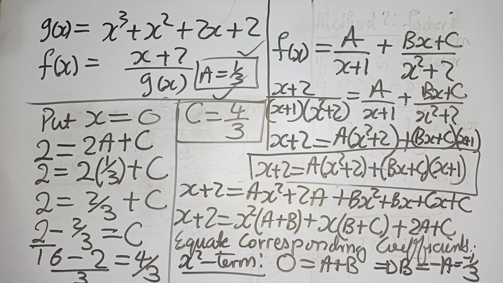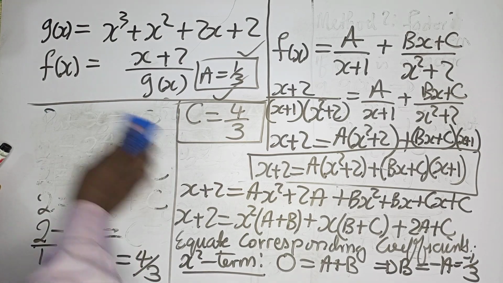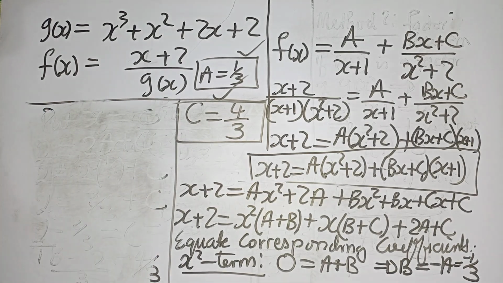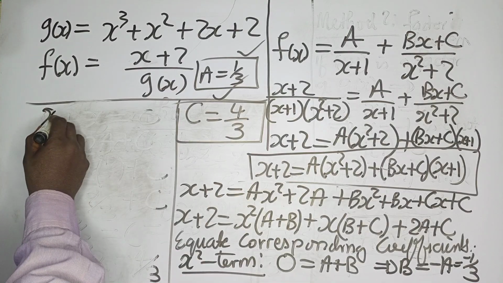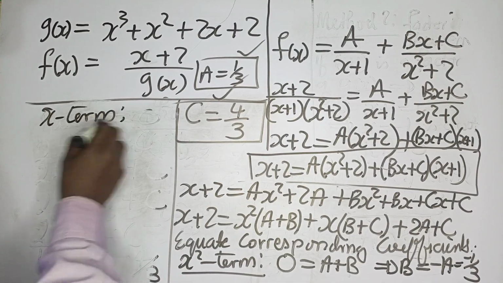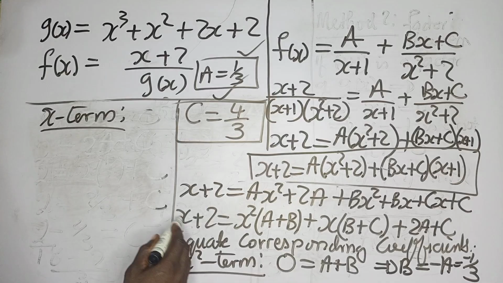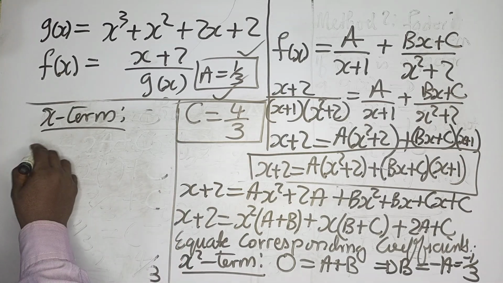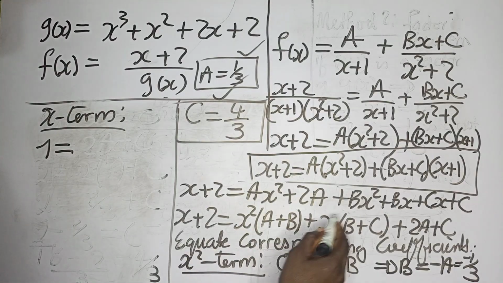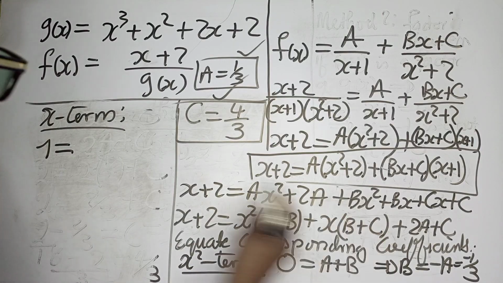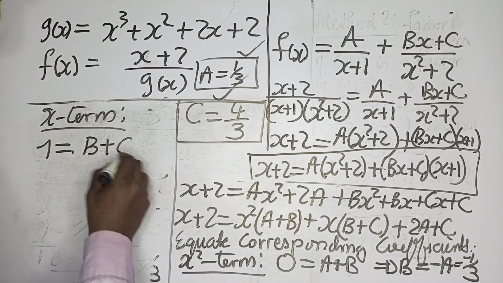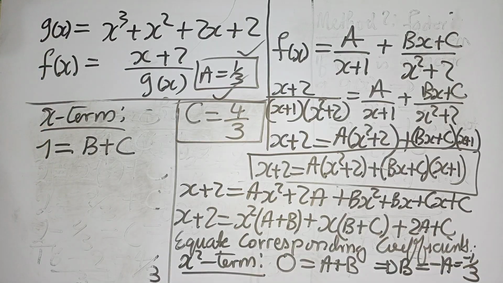All right. But let us see if we take the x term, if we'll get the same result if we took the coefficient of x term. On the left hand side, the coefficient of x term is 1. On the right hand side, the coefficient of x term is b plus c. Let us see if we will still obtain b to be negative 1/3.